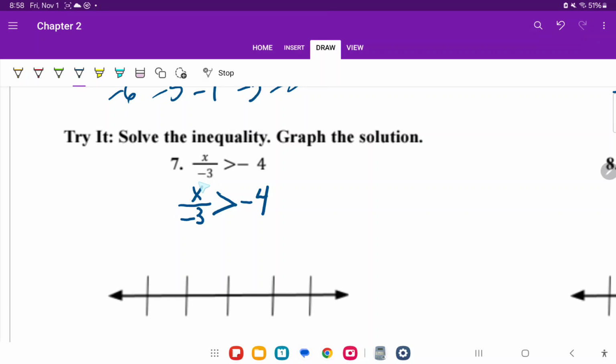Now, I need to get the x all by itself. Right now it says x divided by negative 3. So instead of divide by negative 3, what do we have to do? Multiply. All right, so why don't you try to do it from there on your own.